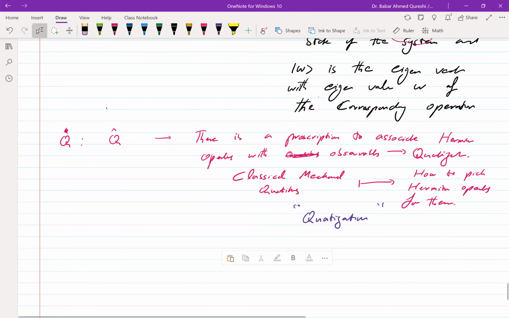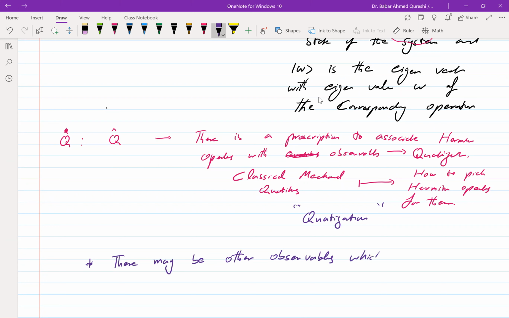There may be other observables which do not come from classical mechanics.